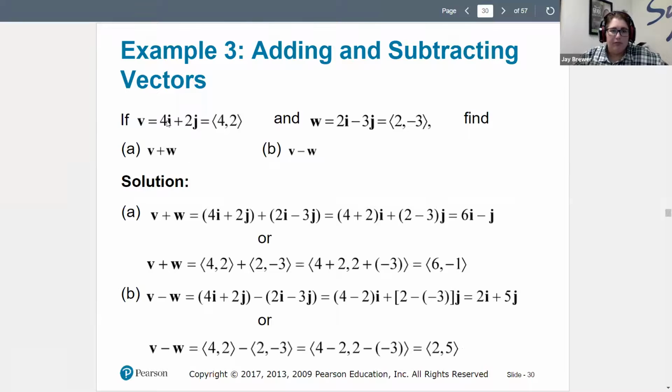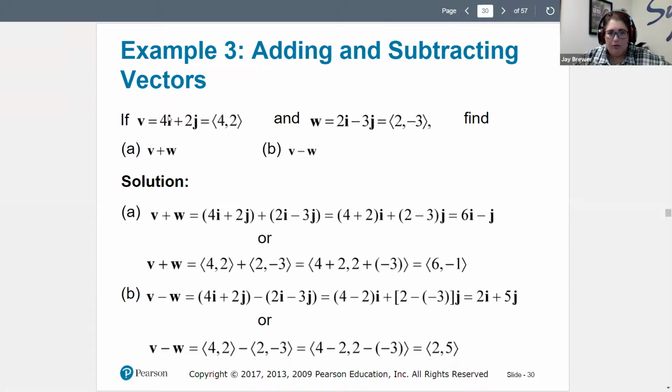If we're given a vector v equals 4i plus 2j, that equals 4 comma 2, and w equals 2i minus 3j, which is 2 comma negative 3, part A is asking for vector v plus vector w, and B is asking for vector v minus vector w. So essentially, you're just adding and subtracting the like terms. That's it.